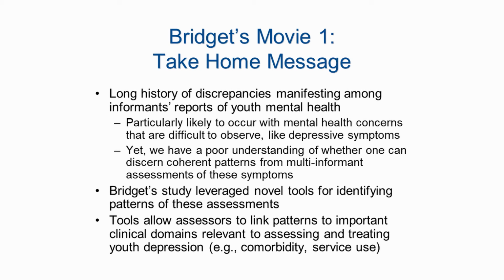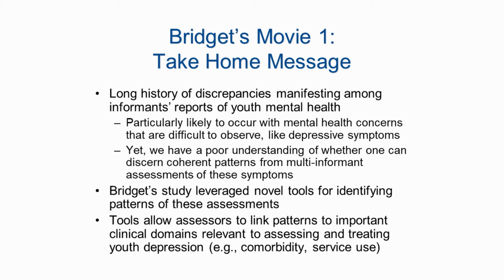And for a long time, a lot of my colleagues and I thought, what is this? Is this all measurement error? Is somebody biased? We didn't really know that there was any coherence in the patterns of scores of depression when multiple people provide reports about the same person's depression.